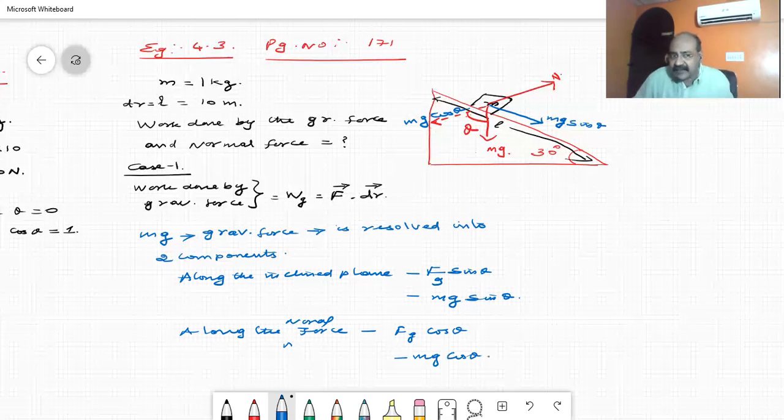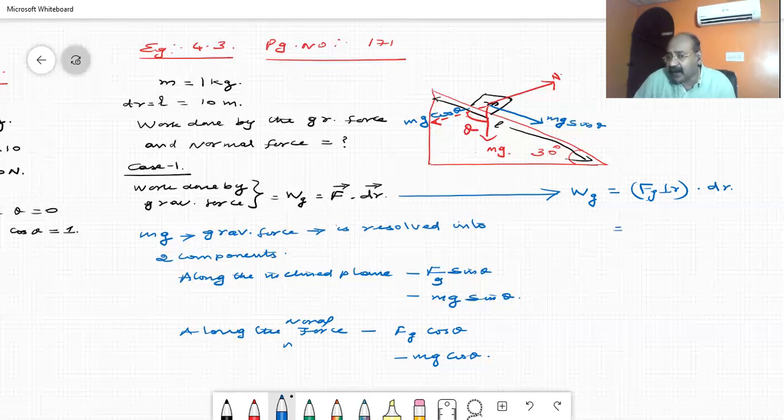But what we are asked to calculate is the work done by the constant force. Work done by the constant force is Wg, which is F dot dr, the component of force multiplied with the displacement.